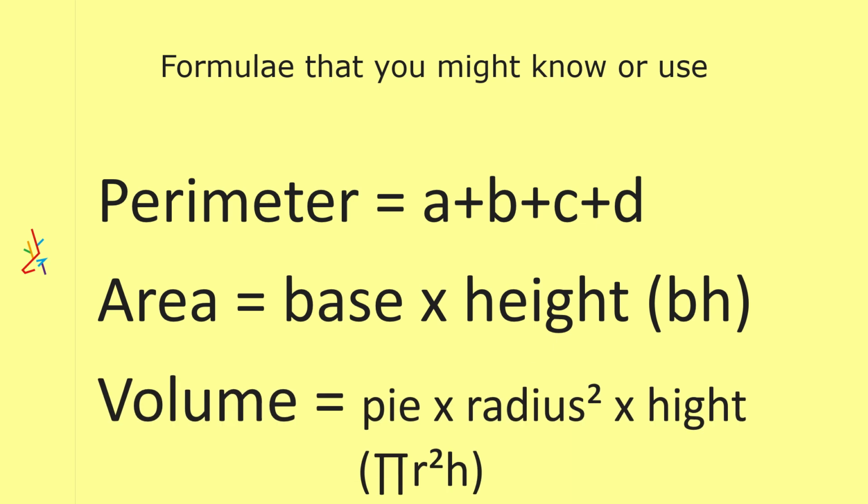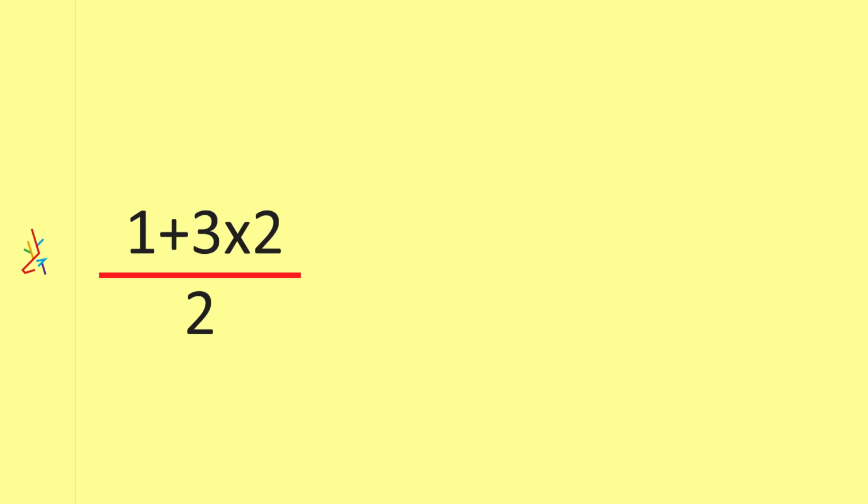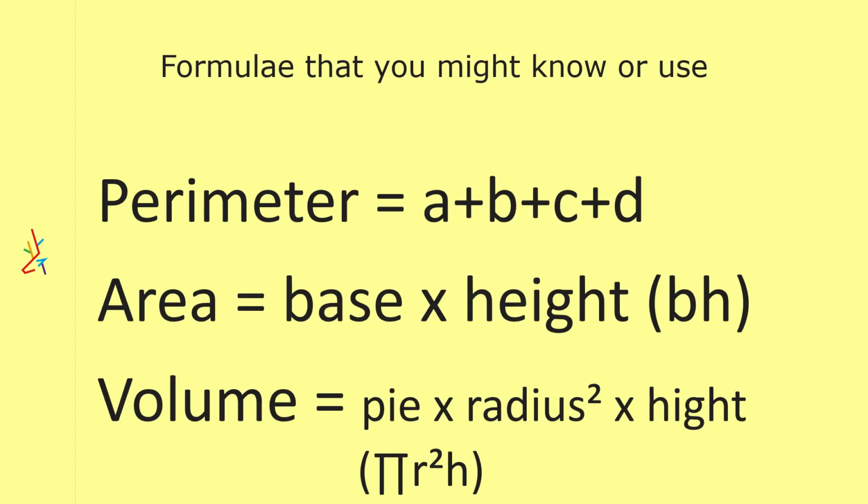Volume is pi r squared h, which means that the pi and the r squared again are missing a times symbol, and the r squared and the h again is missing a times symbol. So just to repeat, if something's not there and it's not telling you what to do, it's a times symbol. And that is the end of this video.